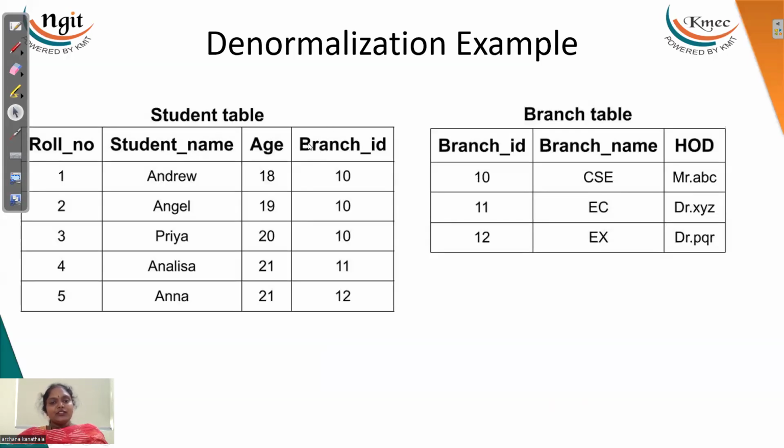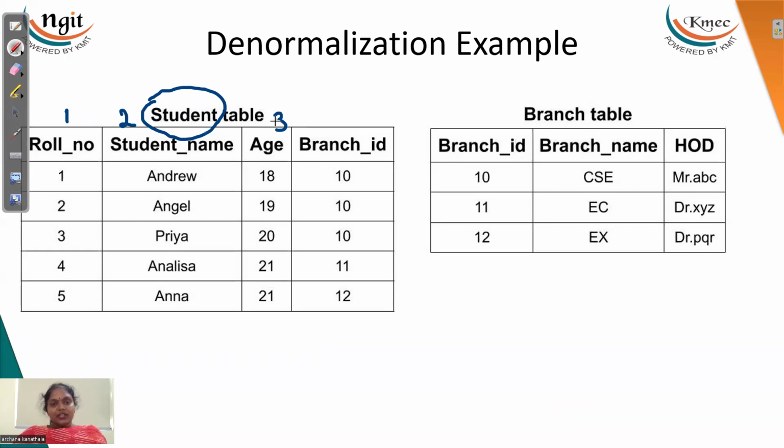Denormalization can be better understood by taking two different tables. One is the student table and the second is the branch table. The student table maintains information specific to the student only. One is student roll number, second student name, third age.